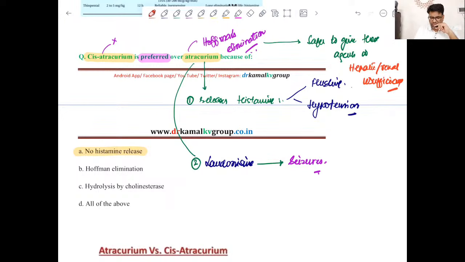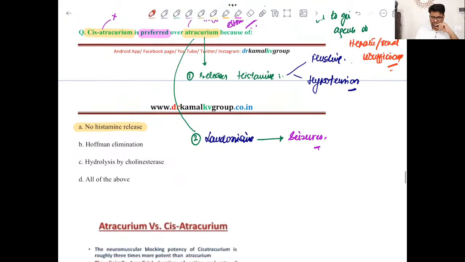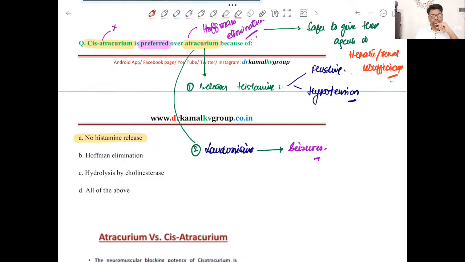Clear? So these are a few things which you should know about atracurium or cisatracurium, and most of the time the question revolves around these facts only. So just remember this much. Two advantages of using cisatracurium over atracurium: less histamine release and less laudanosine release.